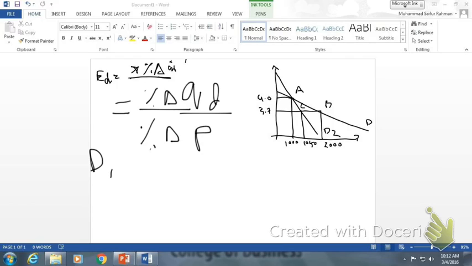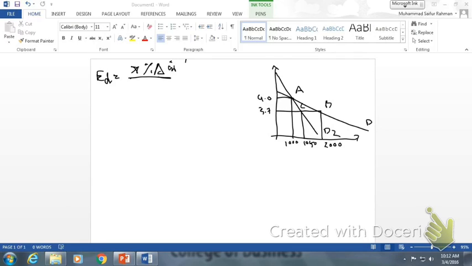D1, notice that percentage change in quantity demanded, I need a space. This is very unfortunate. I really apologize. I have somehow ruined this one. I'll try to use it again. So first I want to calculate percentage change in quantity demanded.